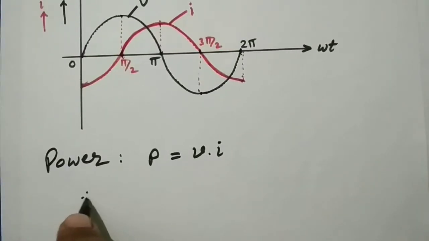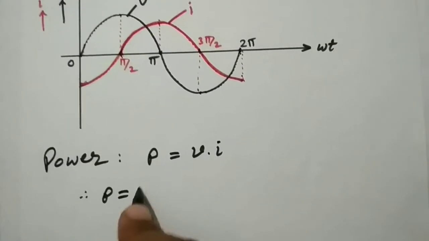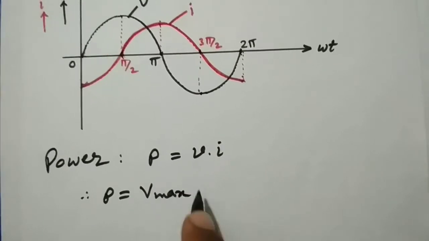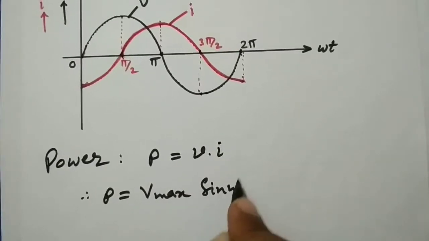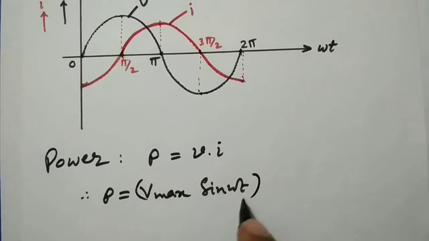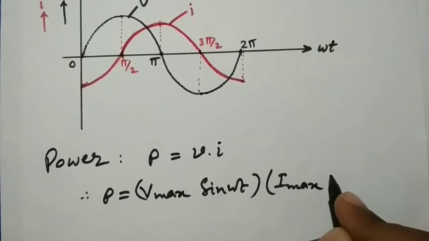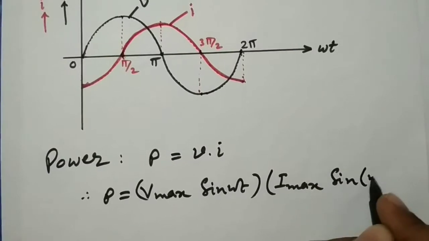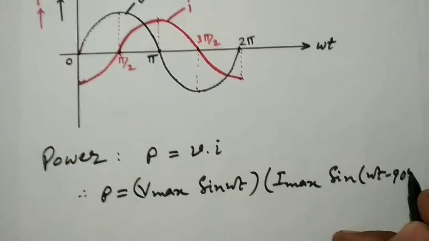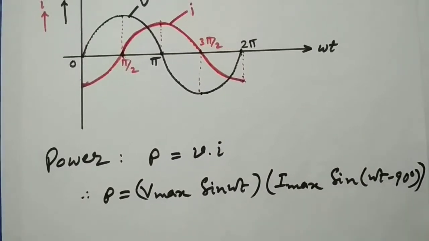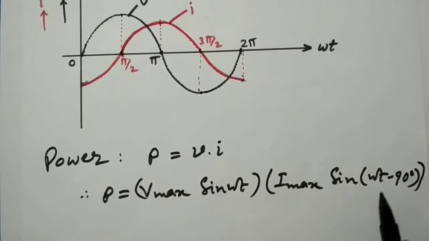So the instantaneous power can be written as Vmax sin omega t, and the current is Imax sin(omega t minus 90 degrees). Now sin(omega t minus 90 degrees) can be written as minus cos omega t.